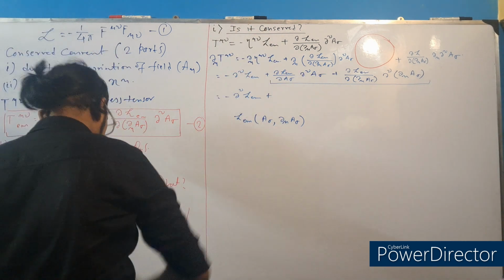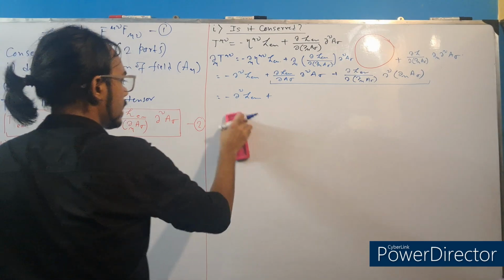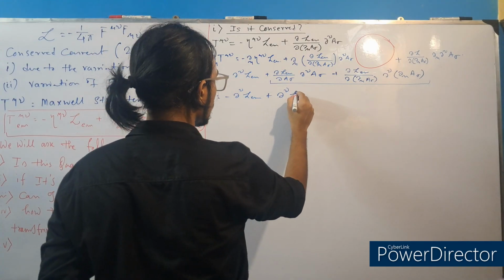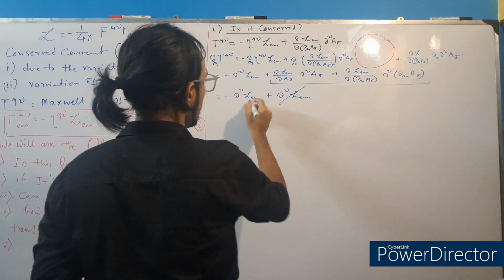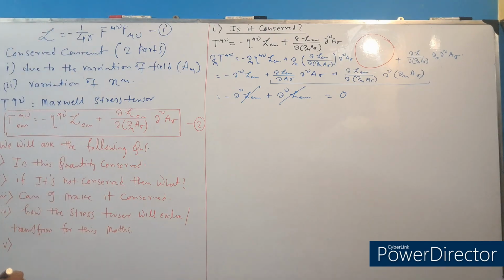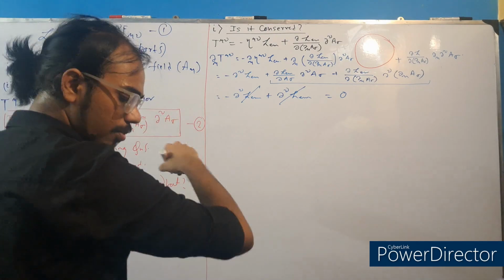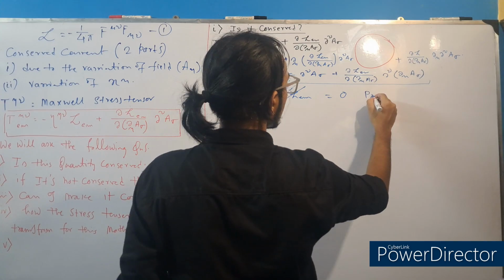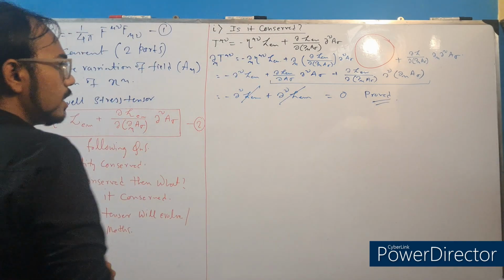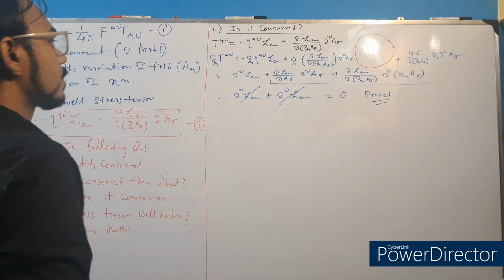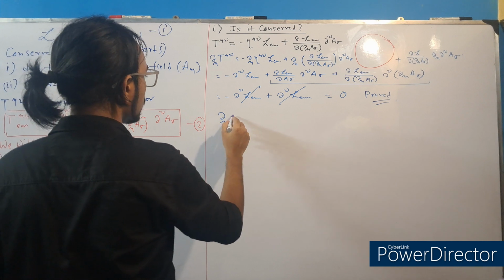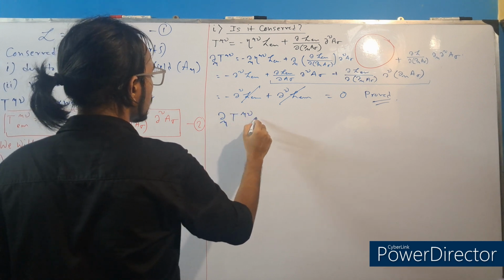So this is basically the total derivative, which can be written as ∂^ν L_EM, and they basically cancel out. I am left with 0. So from here we can prove that indeed the P^{μν} quantity is a conserved quantity. So what can I write? That ∂_μ P^{μν} equals 0.